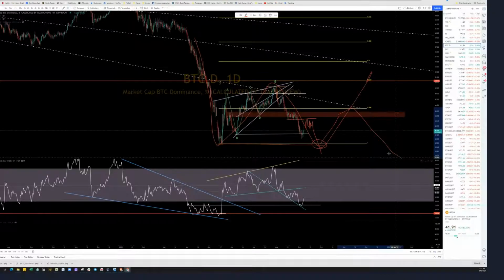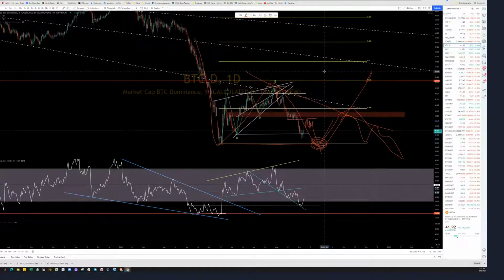Maybe just like that. Maybe just a continuation to the downside as the alt season continues on. We just got to wait and see. But I do believe this is going to come down to this level here. So the alts aren't finished yet, but when it comes to here, there's definitely going to be a strong move to the upside. And we need to keep an eye on that as well.